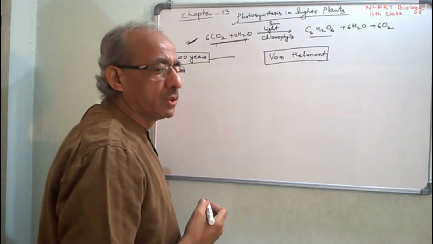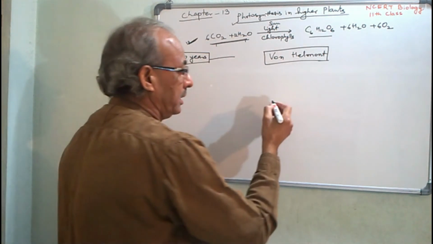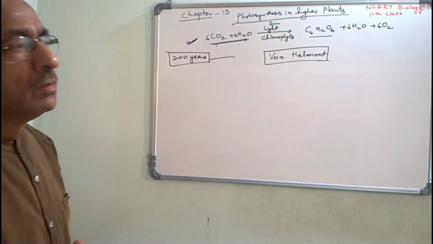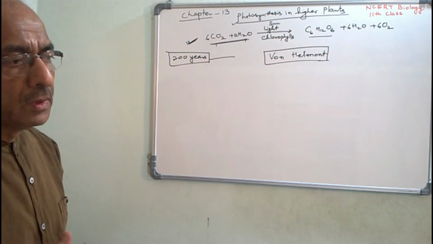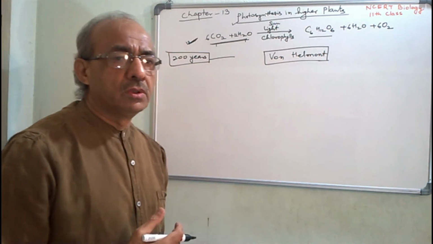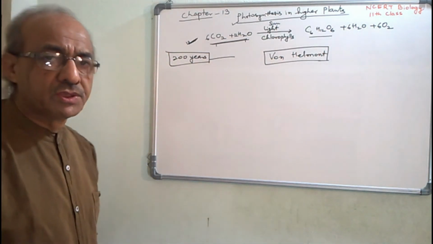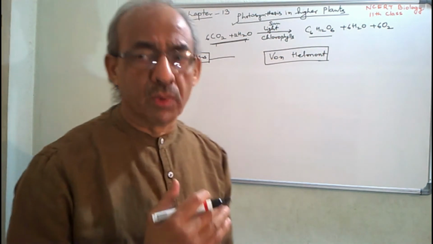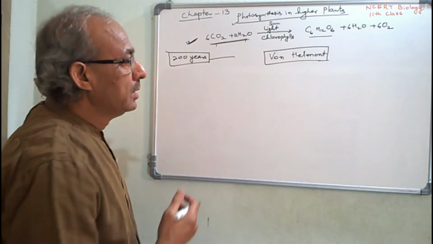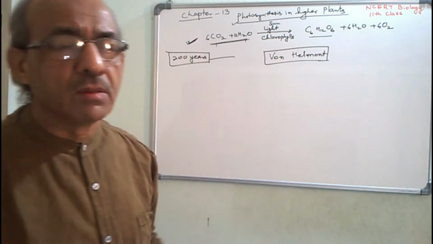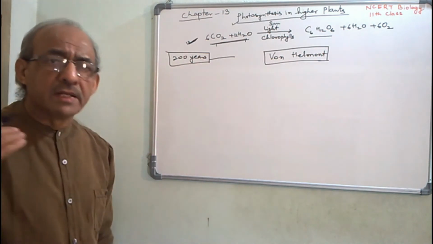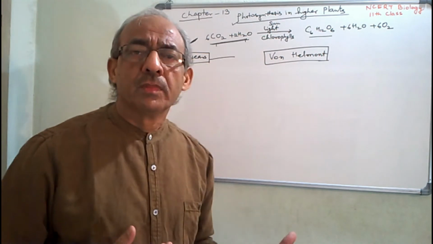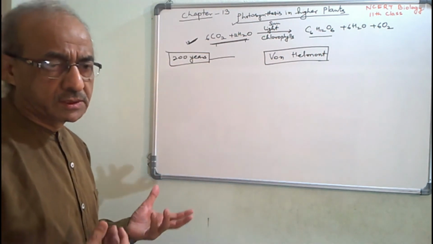Von Helmont, by his experiment, told that apart from the soil, there are certain factors which take part in production of food inside the plant body. After von Helmont, a number of scientists discovered respective information by their own experiments.